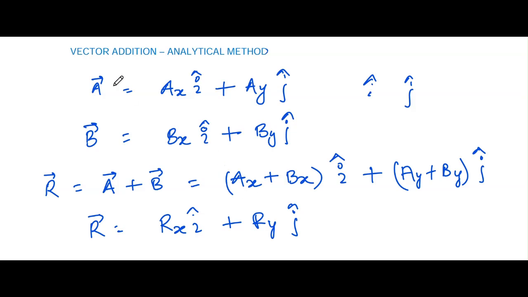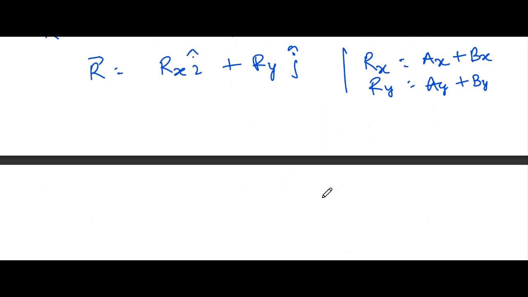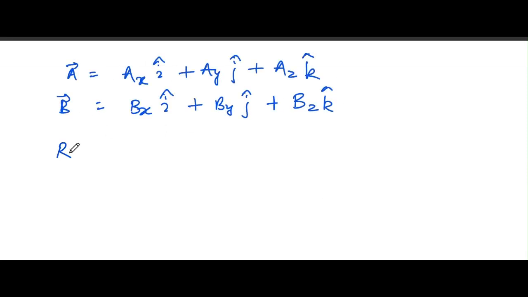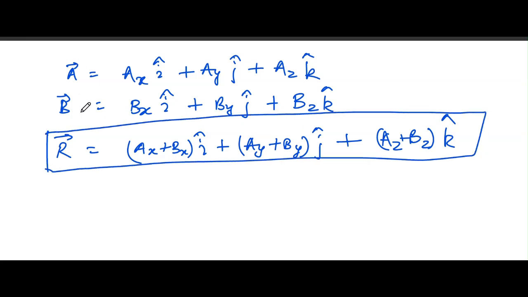And after adding these two vectors, we see Rx is nothing but Ax plus Bx and Ry is nothing but Ay plus By. The same argument we can carry forward to get vector addition in 3D. So we have resultant vector R, which will be Ax plus Bx i cap plus the remaining components. So this is the resultant vector we get after adding vector A and vector B.